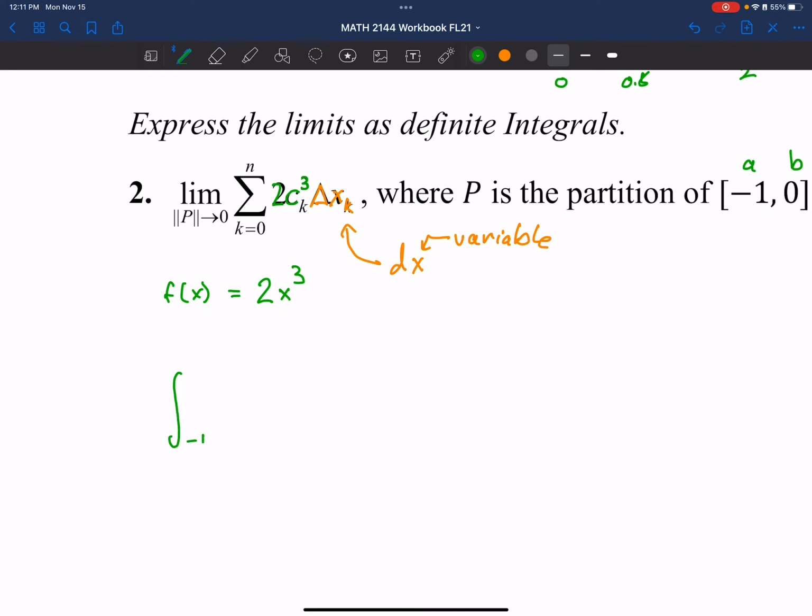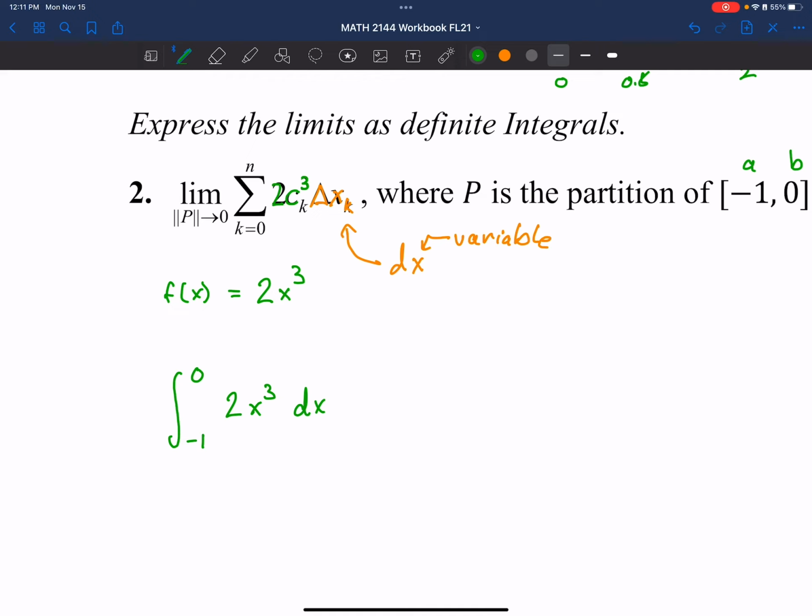Our lowest endpoint is -1, and our endpoint on the larger one is 0. So -1 to 0, that's a to b. Our function is 2x cubed, and our variable is x. So that is the integral that we're going to be evaluating.